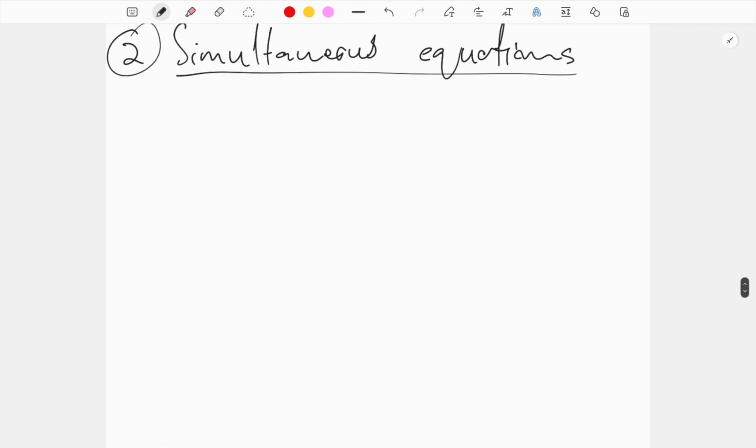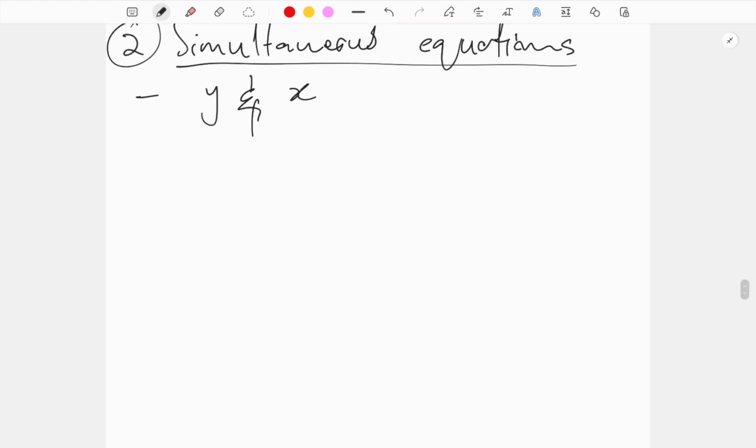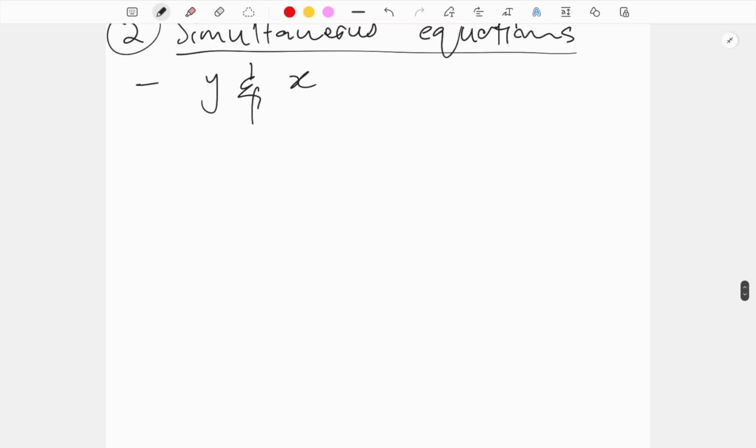So I'm just going to go straight to the point. You'll be given y and x as variables in both equations, and they won't give you straightforward equations. They will mix them up so that you get confused, but just remember these steps.